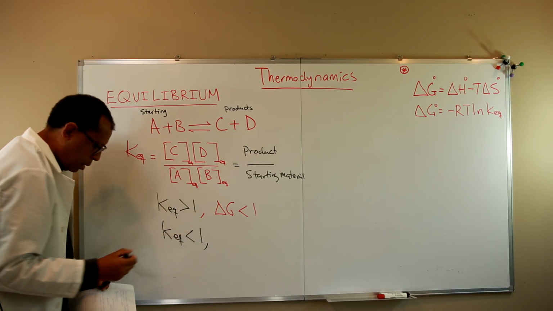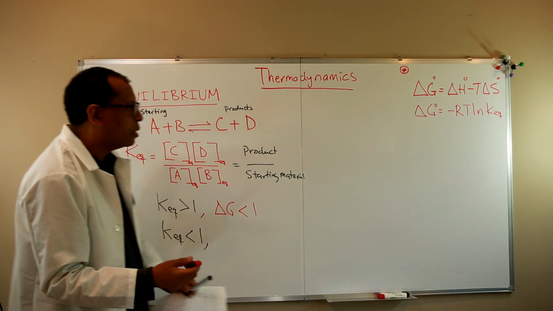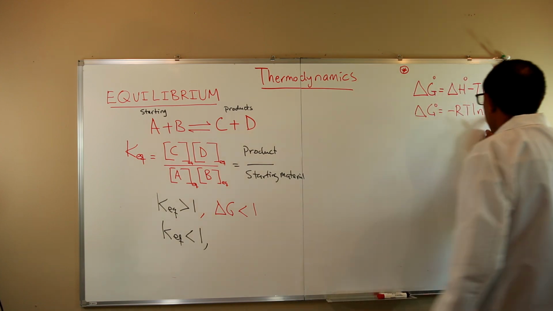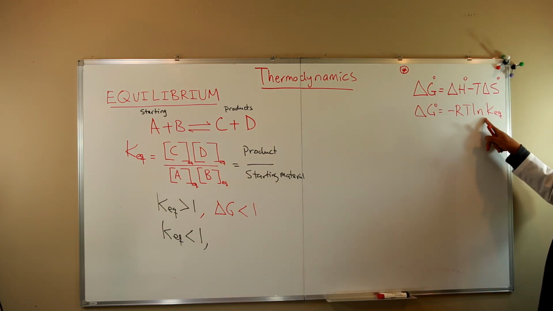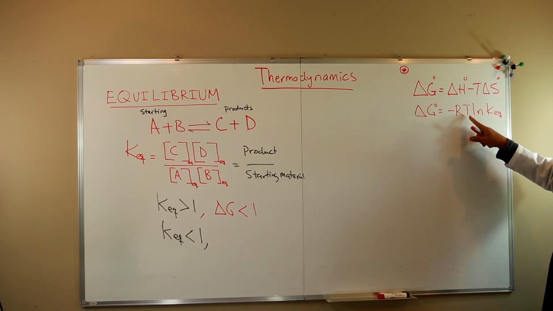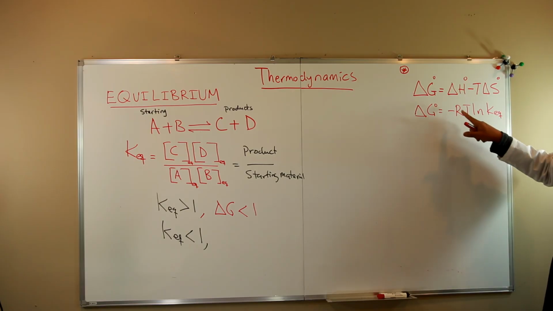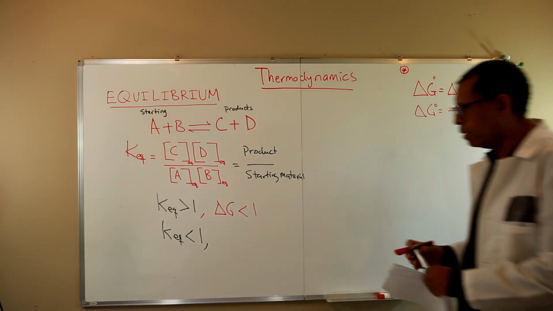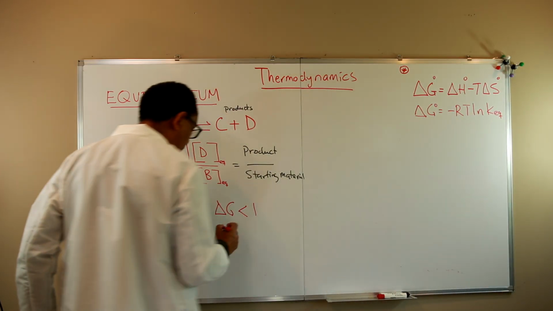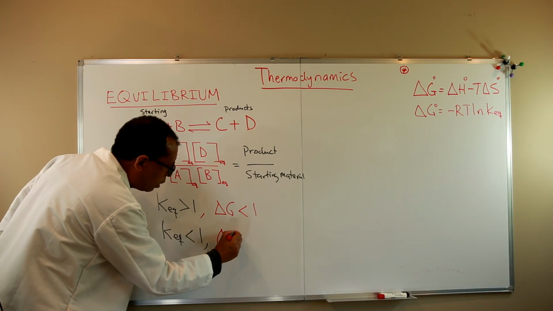In that case, if you plug a value less than 1 into the natural log, that would be a negative number. T is always positive. R is always positive. A negative number times a negative number would be a positive. So delta G is greater than 0.